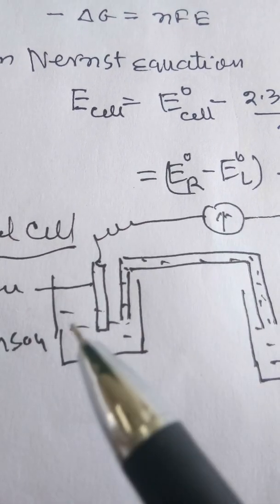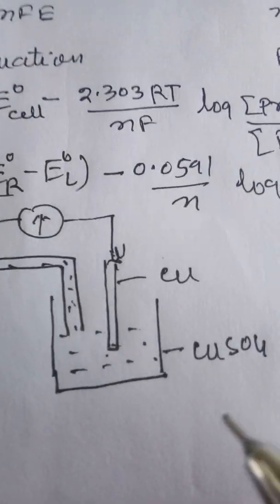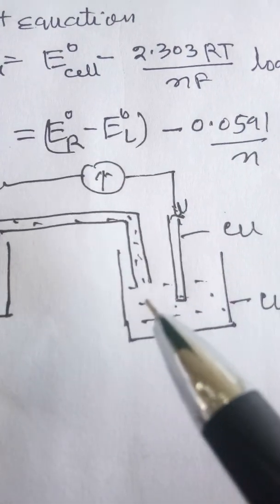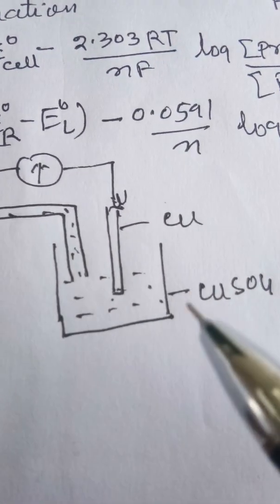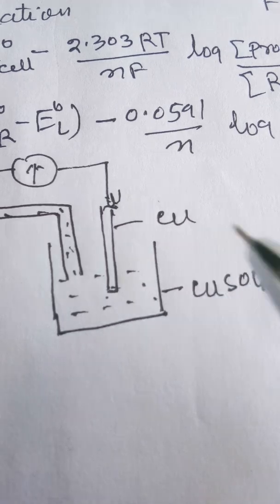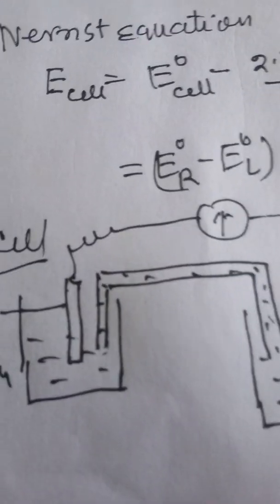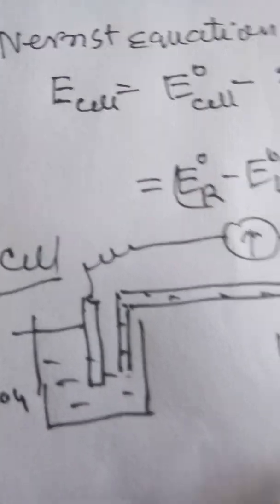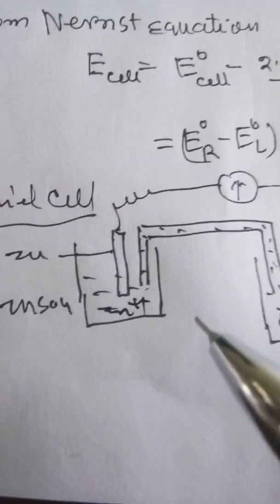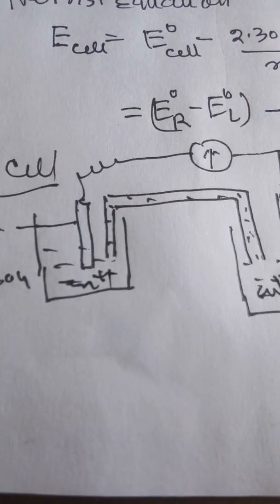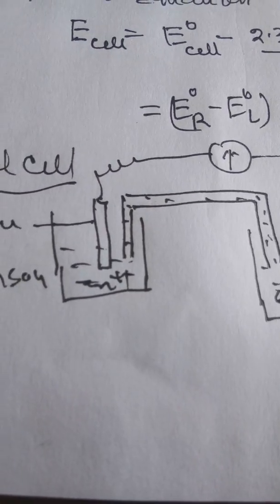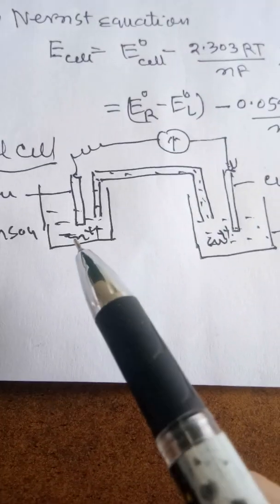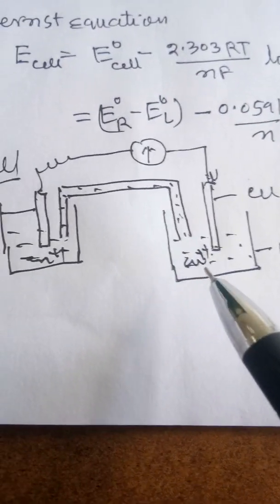In the other half cell, metal copper is put into copper sulfate solution, so solid copper is in contact with the copper ion. So whenever any metal rod is in contact with its own ion, potential is developed. This is one electrode potential, and this is another electrode potential.